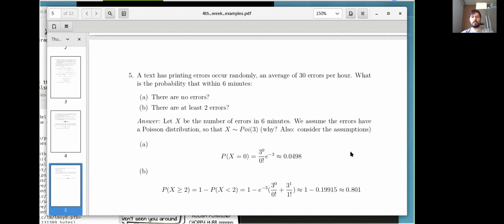And we take 1 minus that, so that's about 0.801. 0.801 probability of having at least 2 errors. So it's a pretty high probability. We have 3 errors on average. That's the lambda, so the expected value is 3. And it's a very high probability that we have at least 2.